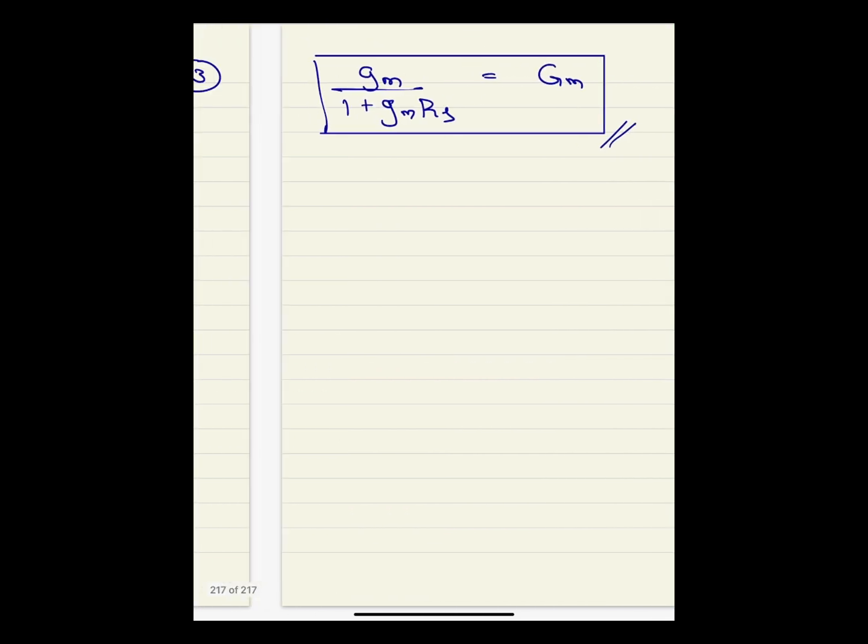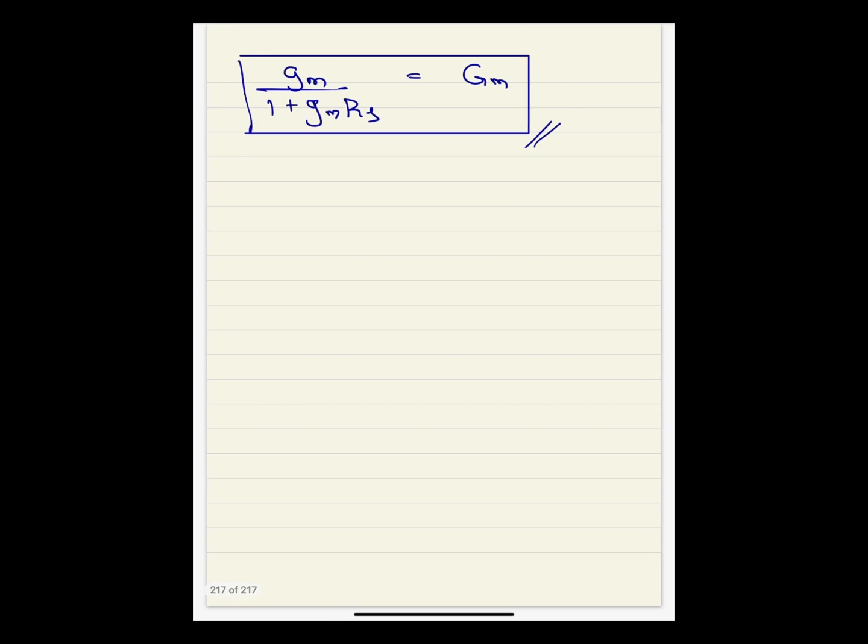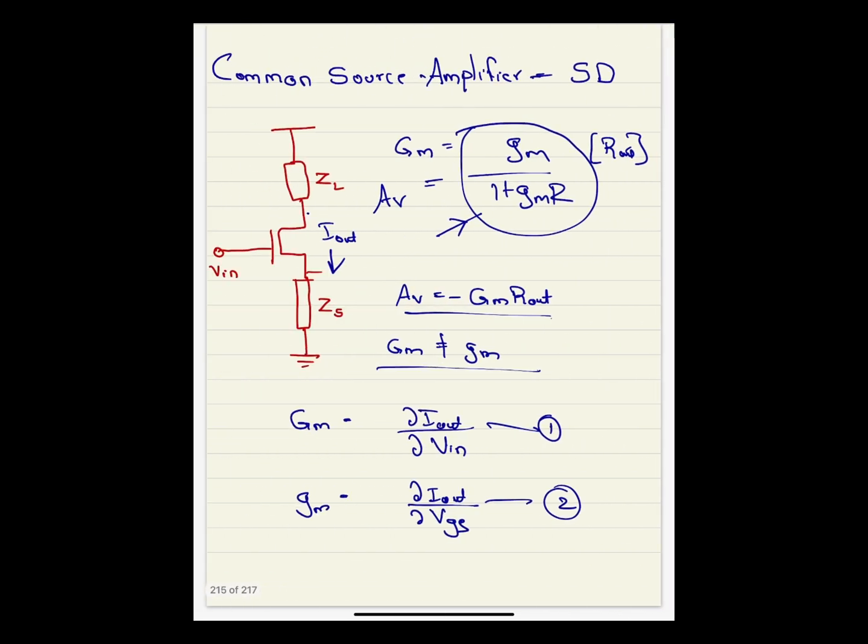We end up with the result with this kind of analysis, but this is not the only way. If you stare at the circuit, it is just a negative feedback which is given back to the input.